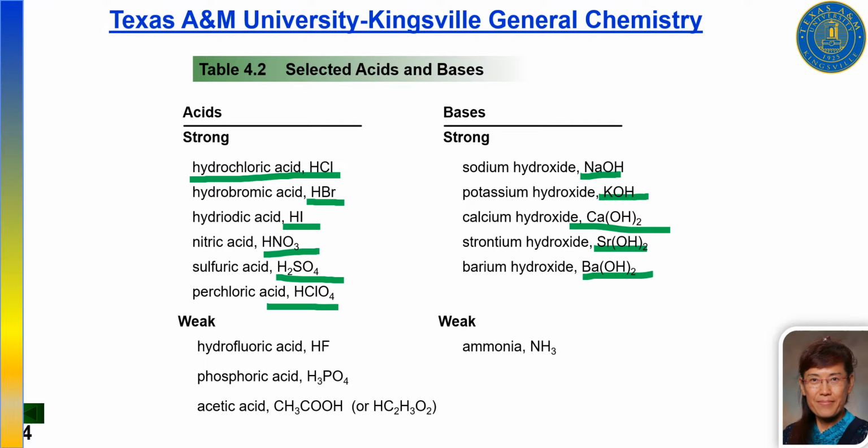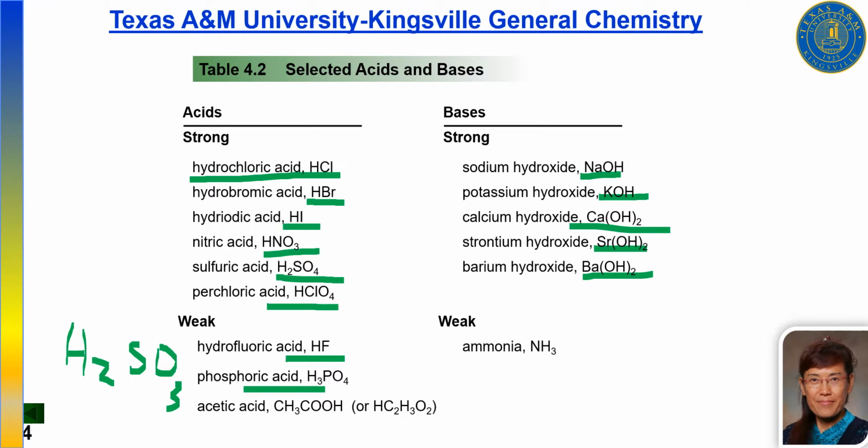The commonly used weak acid, such as hydrofluoric acid, phosphoric acid, sulfurous acid. So H2SO3 is a weak acid. Be careful. H2SO4 is a strong acid.